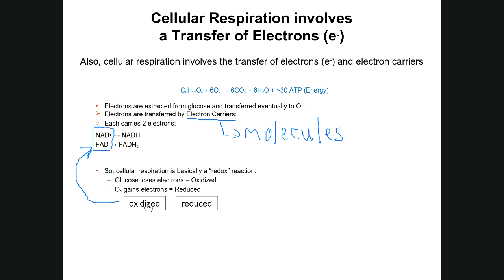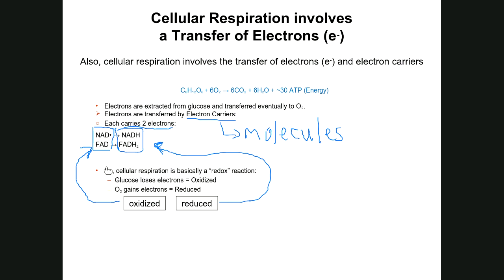All right. However, if these electron carriers are carrying electrons, specifically 2 electrons, the way a scientist lets you know is by rewriting them this way.